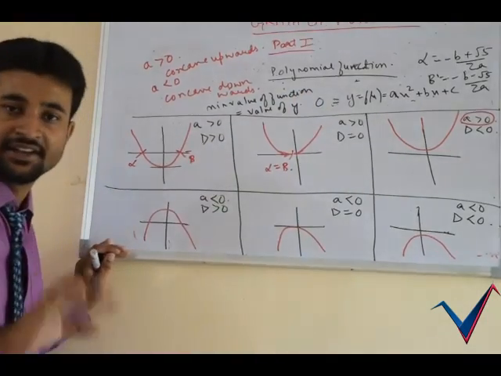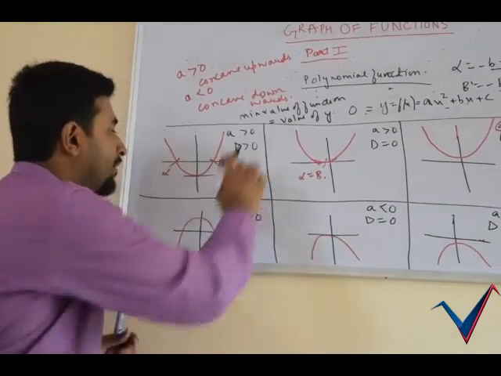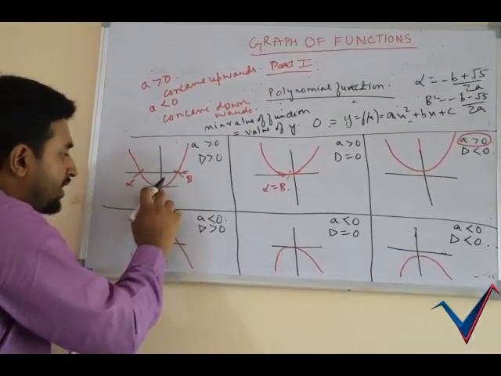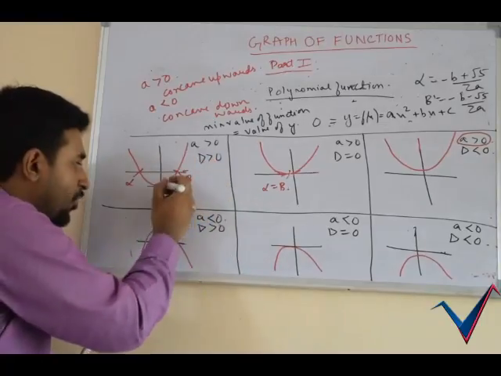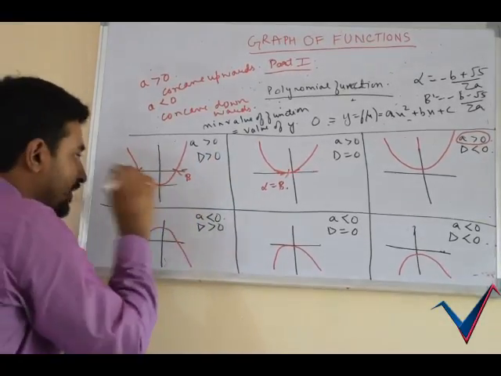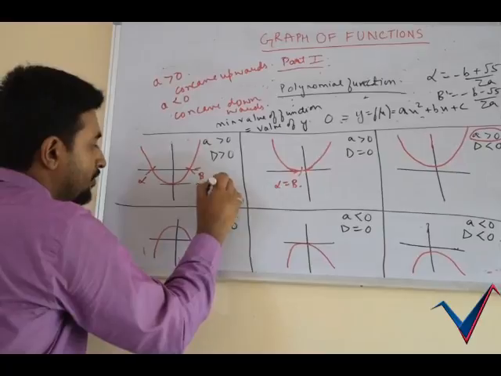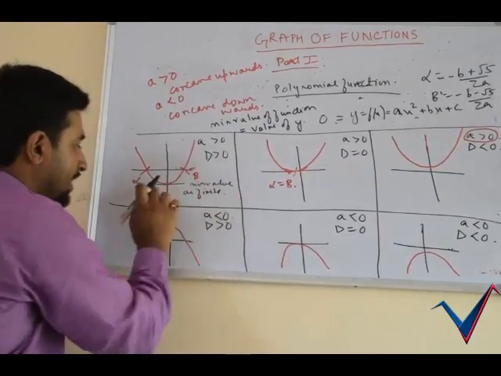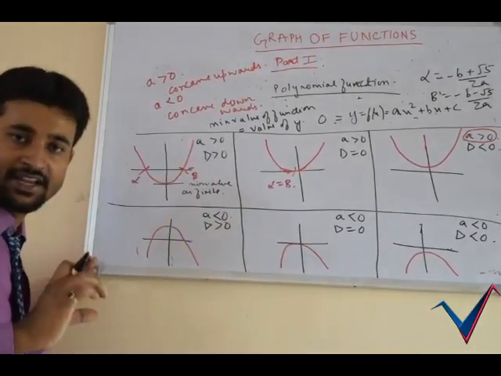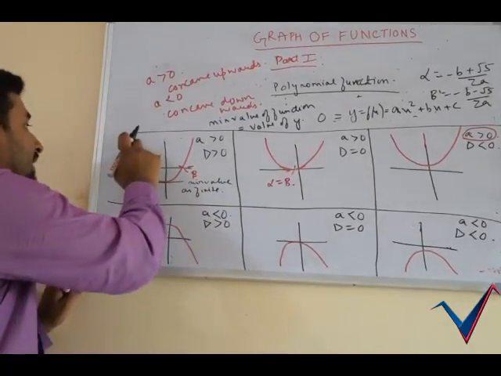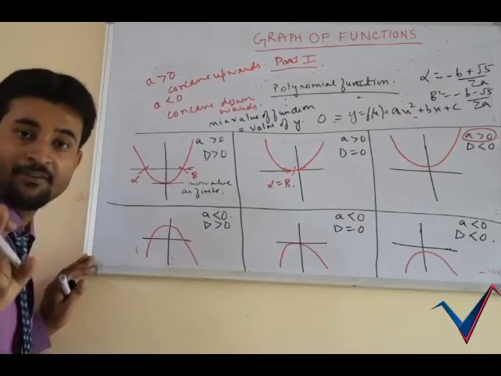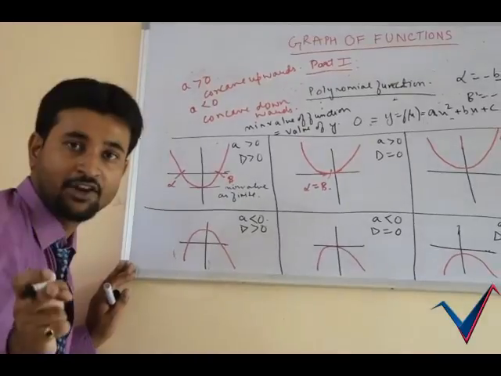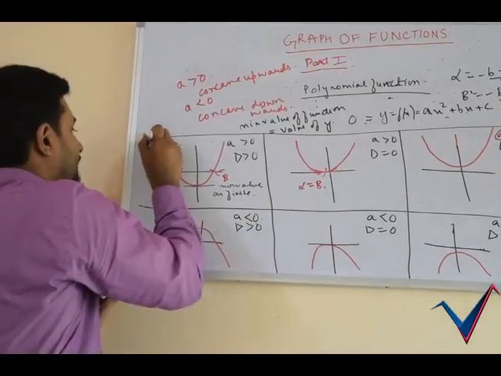We don't consider x. So where do you find the minimum value? Here only, at this point, because this point is the most negative one. So we will have the minimum value as some finite value, because this will be of some length y. And here the maximum value is going upward, towards infinity. So the maximum value will be infinite.